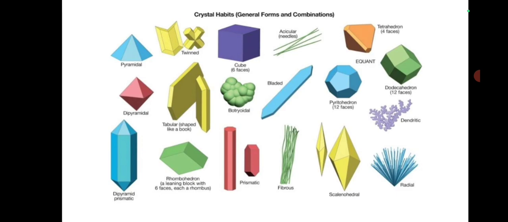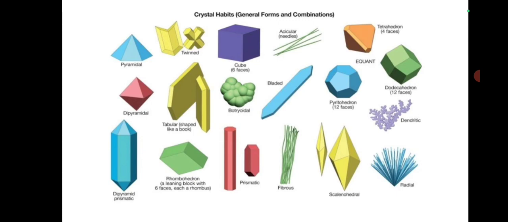Then next is reniform. In reniform, the mineral surface has different bulb-like projections that resemble the shape of a human kidney. That is why it is called reniform. Here also the hematite mineral shows this reniform form.